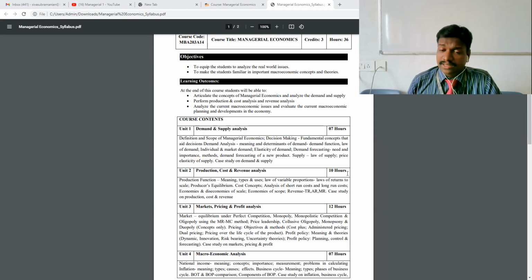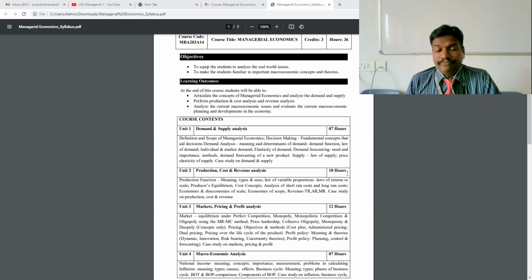For example, how we can minimize and control cost, what the different costs are, and how we can maximize our revenue to achieve the goal of the firm, for example, how we can achieve the profit level of the firm. We can achieve those things by studying this second unit, production, cost and revenue.